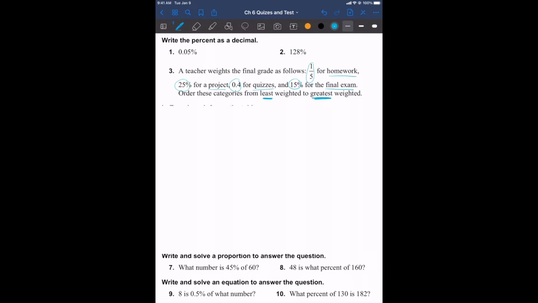Basically, what is the smallest and what is the biggest of those 4 things I circled? Remember, when we're comparing, we always want to change them so that they are the same unit. Now, you can either change them all to percents, decimals, or fractions. I like to work with percentages, honestly, and most of these are pretty simple to make into percents.